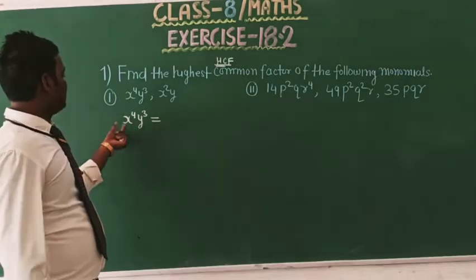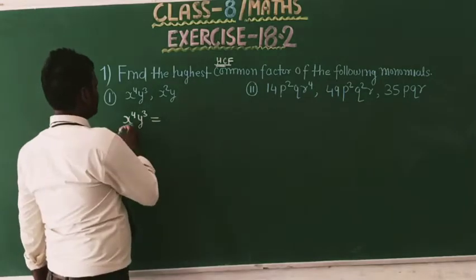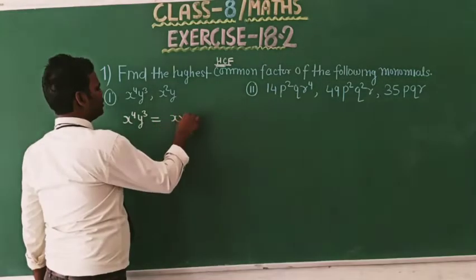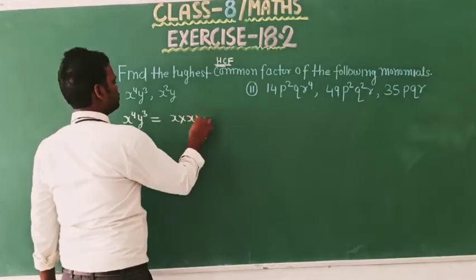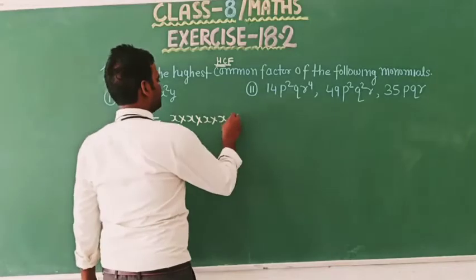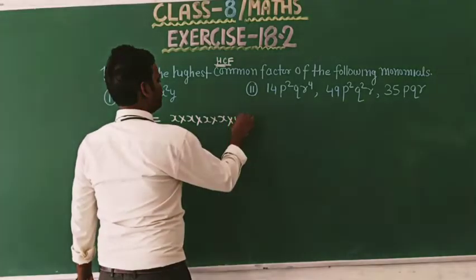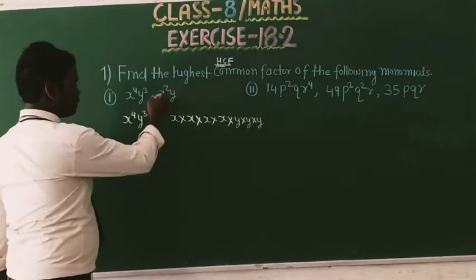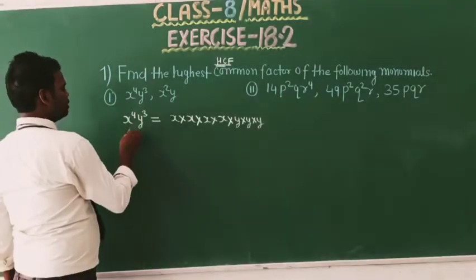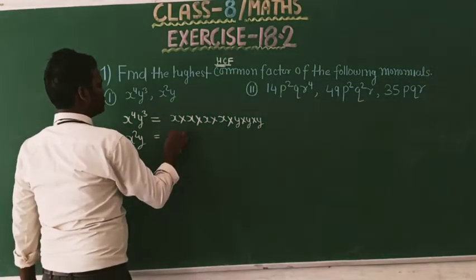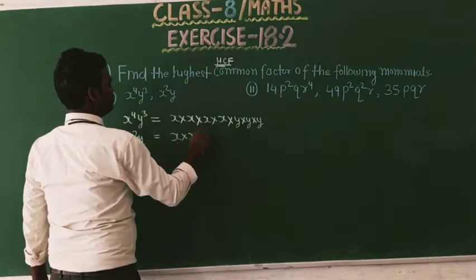Okay, so I will write its factors. So x to the power 4 means x into x 4 times, and y to the power 3 means y into y 3 times. x square y equal to, this is x into x into y.